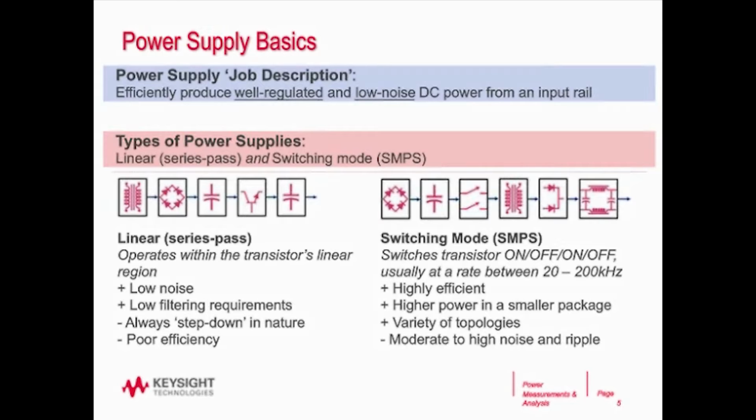A switch mode power supply, some of the advantages are they're highly efficient. You can get more power out of a smaller package. There's a variety of topologies. It's not just step down; you can get step up. But the big trade-off is they have moderate to high noise or output ripple.